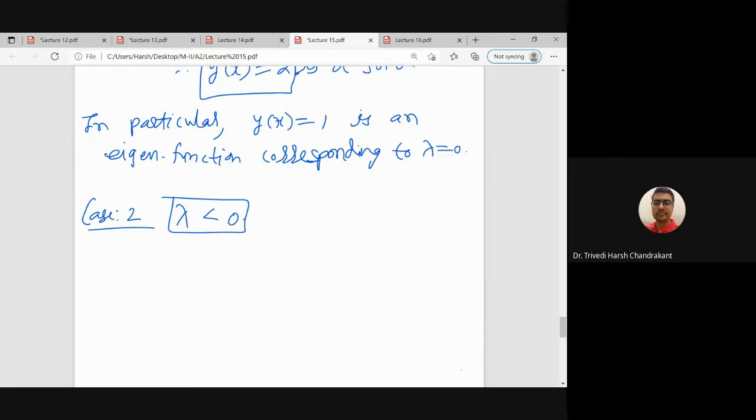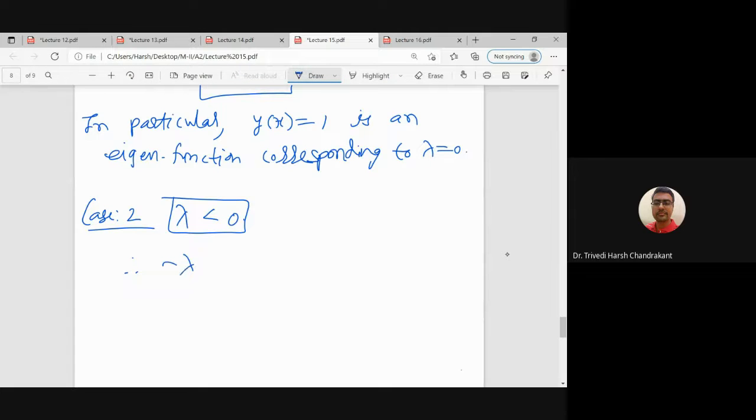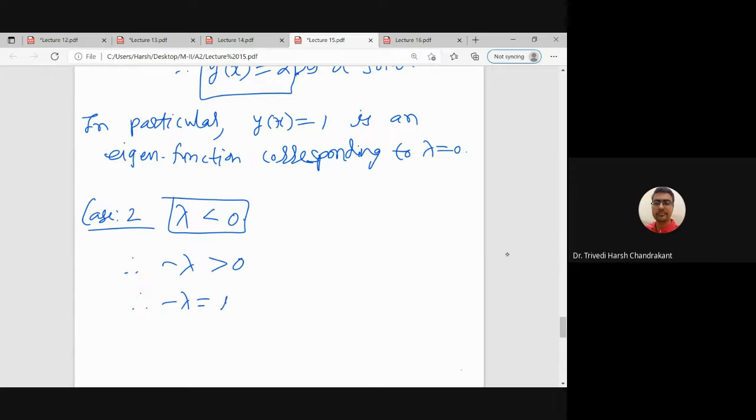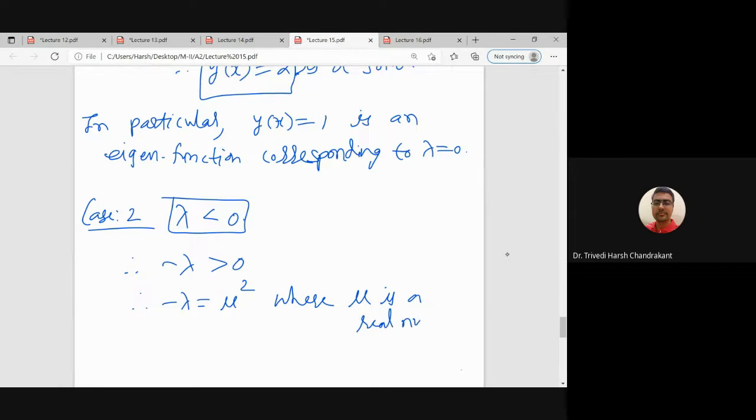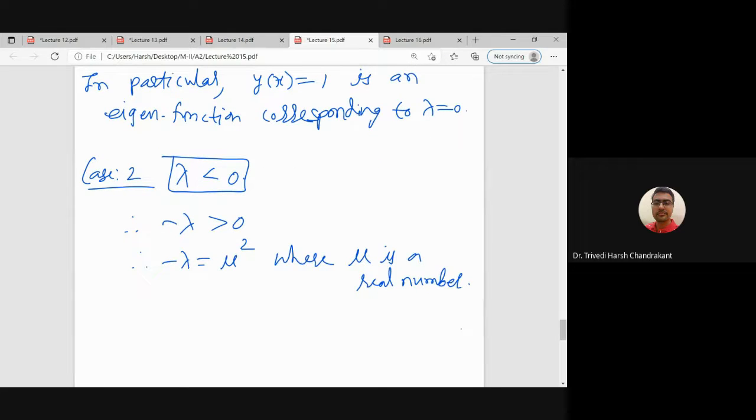If lambda is negative, that means minus lambda is positive, and a positive number we can always write as the square of some number.